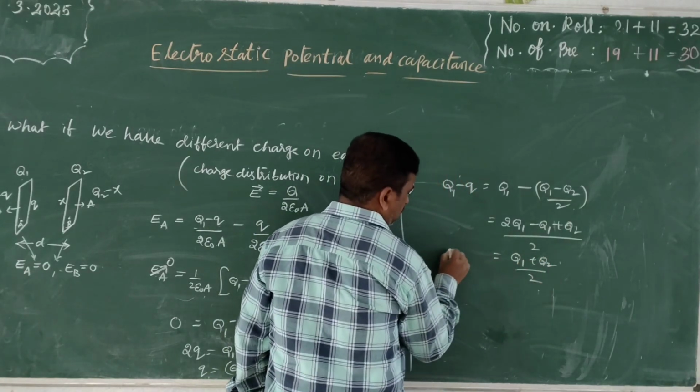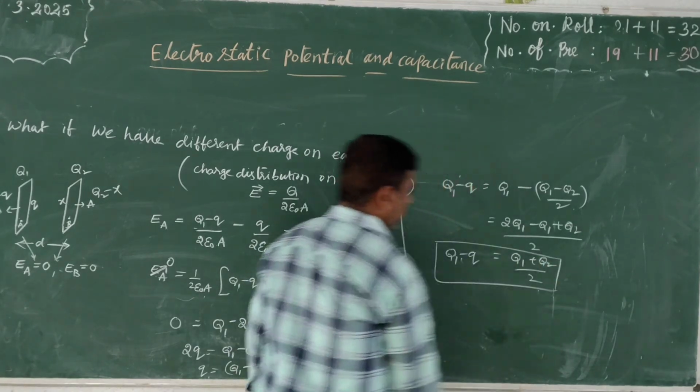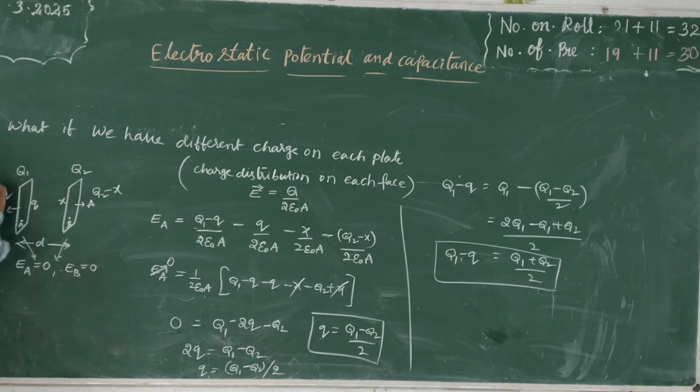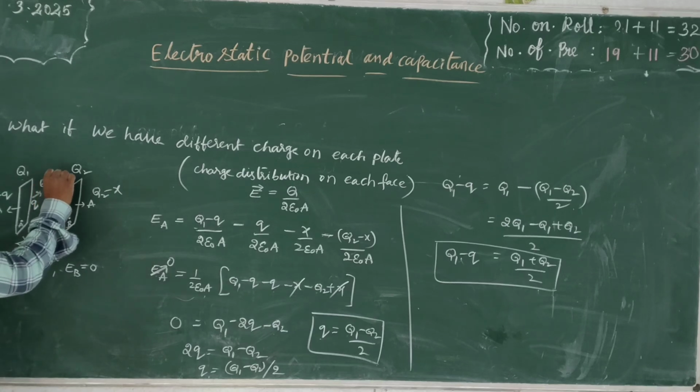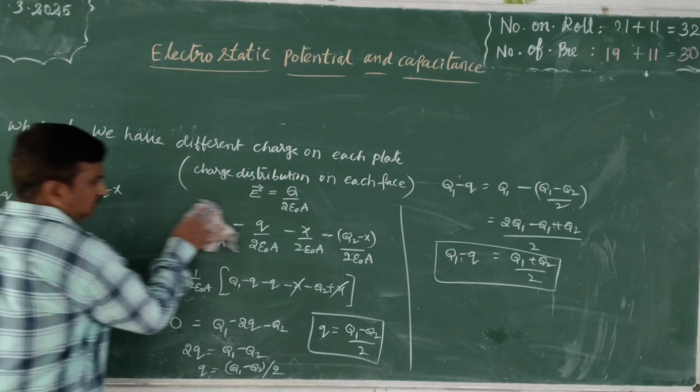So this value is q1 plus q2 by 2, and this value is q1 minus q2 by 2.